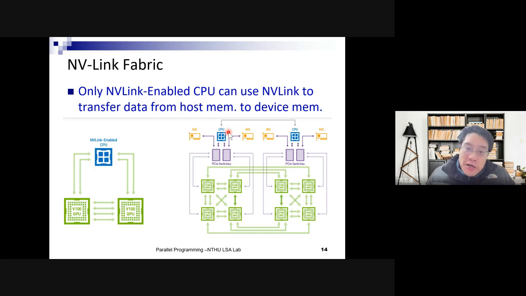Most CPU models don't want to change for a certain GPU card. So even with the NVLink solution, it usually just provides the transfer across GPUs for peer-to-peer data transfer. Between CPU and GPU, it is usually still very, very slow.